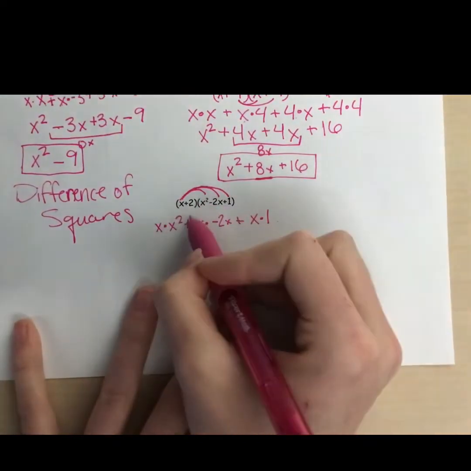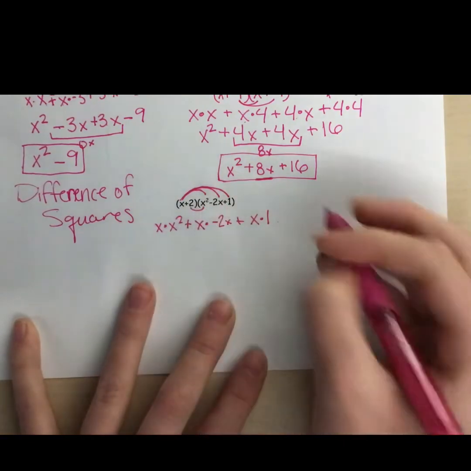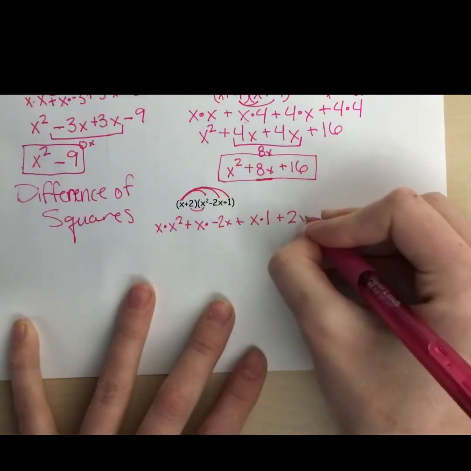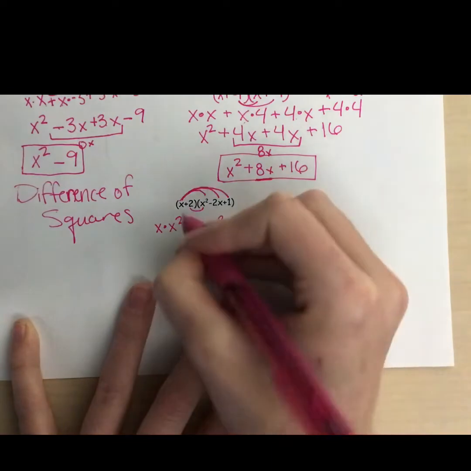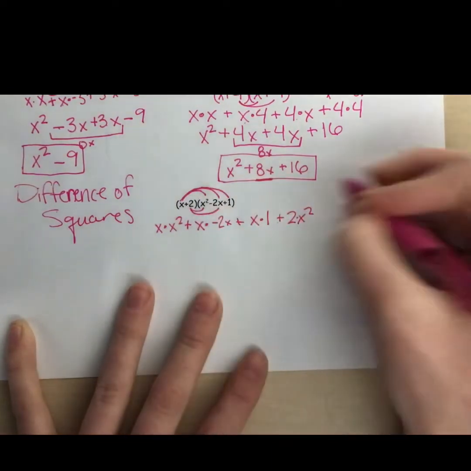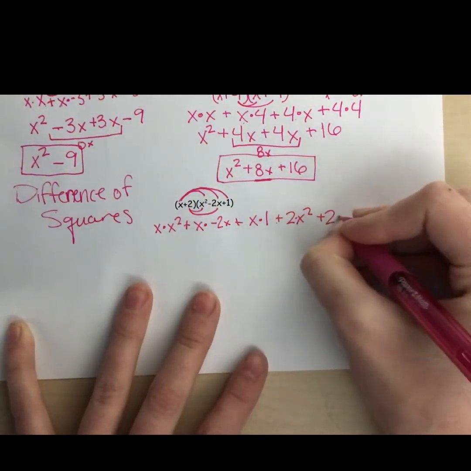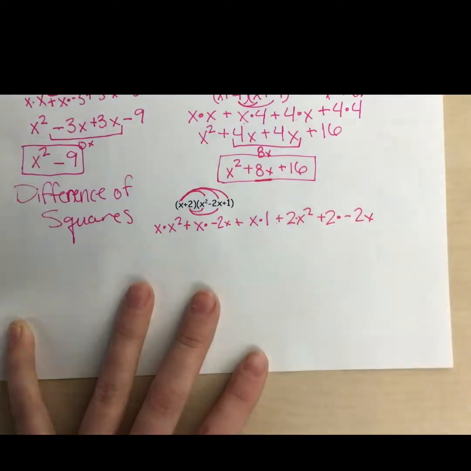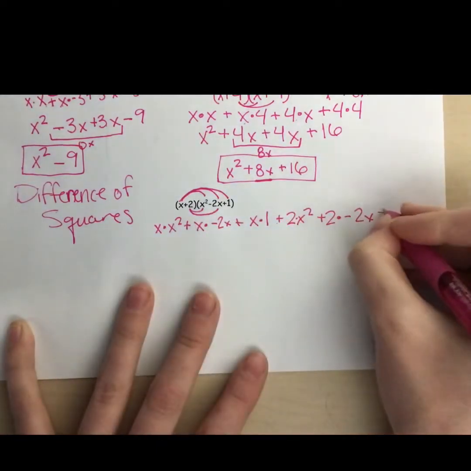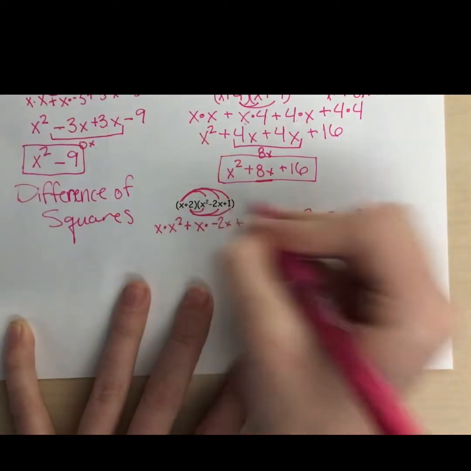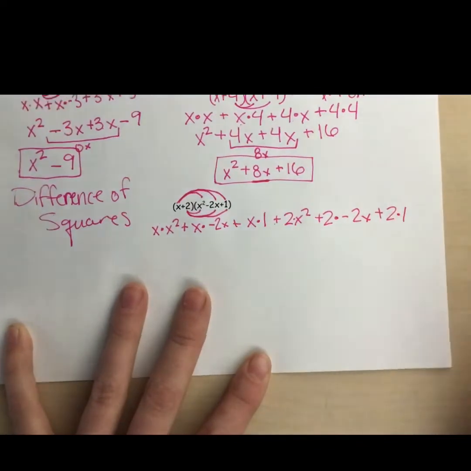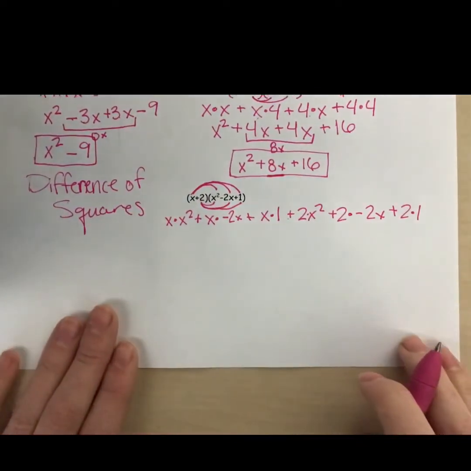Then I have the second part, 2 times x squared. Then I have 2 times negative 2x, so plus 2 times negative 2x, plus 2 times 1.